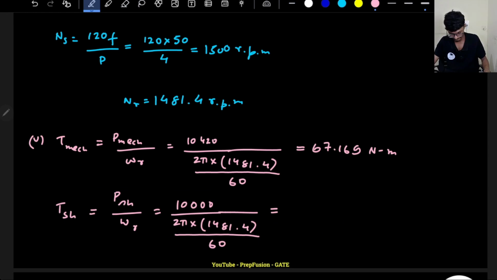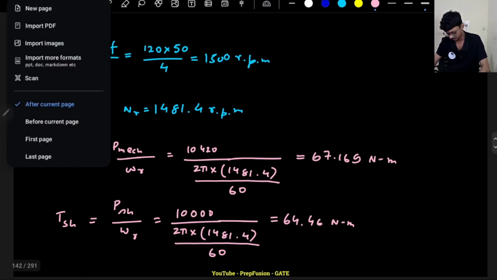So this is 10,000 into 60 divided by 2 into pi into 1481.4. It will obviously be less because I am excluding the friction and windage loss. So it comes out to be 64.46 Newton meters. This is what the shaft torque is equal to.